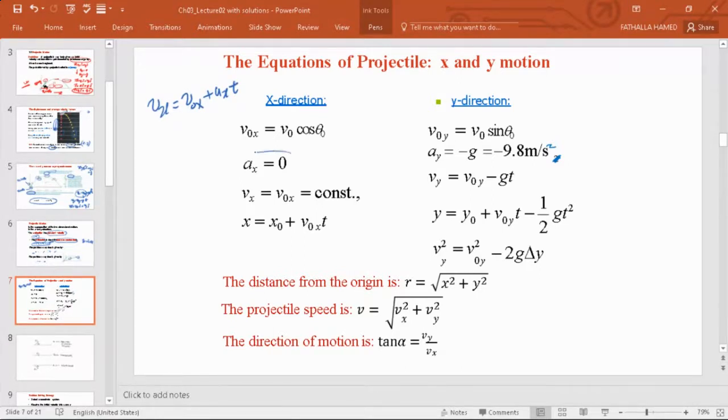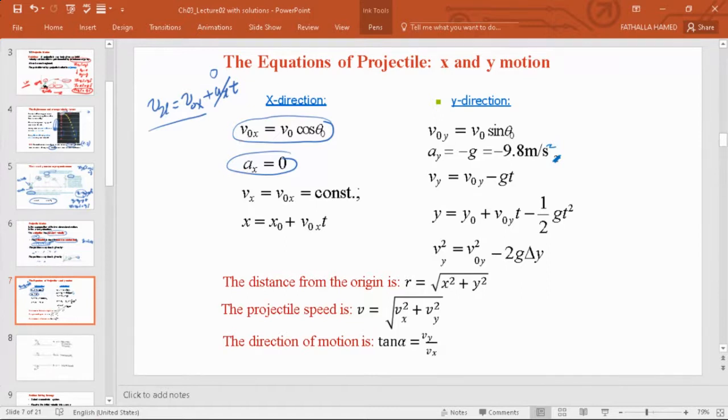But along the x direction, the ax is equal to 0. You're no longer in control. And that's why this drops out. And your Vx will equal V0x, and the V0x is equal to V0 cosine theta 0. So along the x direction, your velocity is going to stay the same, the initial one. It's not going to be different at all.